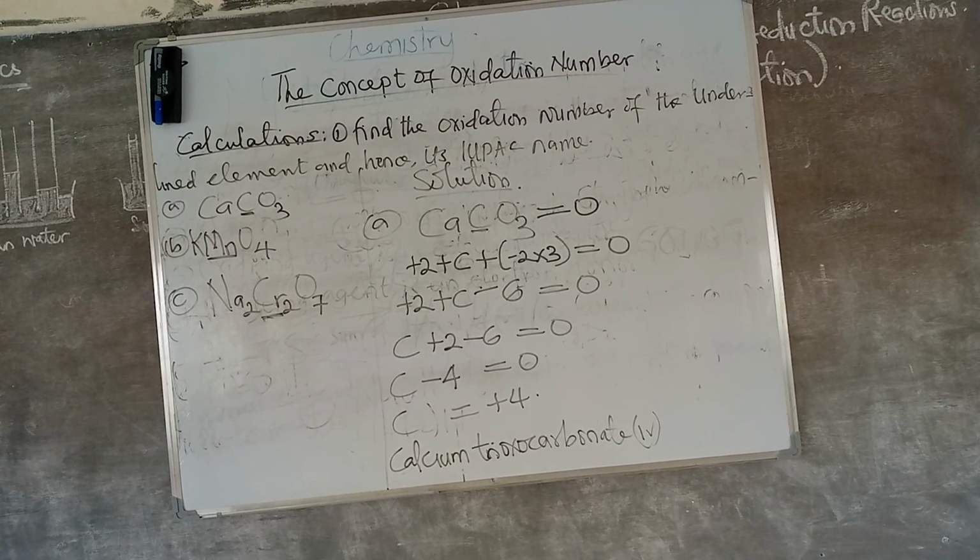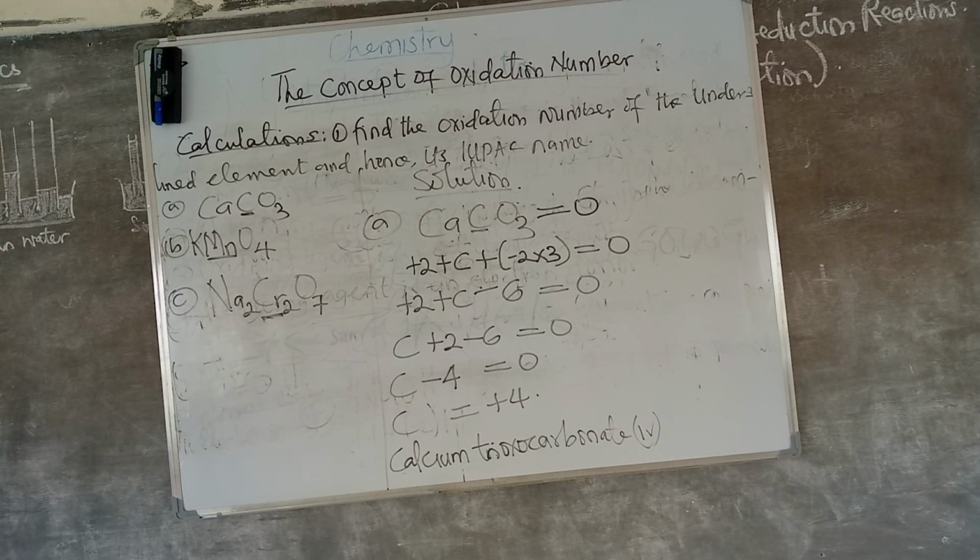So if you watch, I equate everything to zero. Calcium there, the oxidation number is +2. Carbon is the one they asked us to find, plus oxygen. The oxidation number of oxygen is -2. So we have 3 oxygen atoms there.